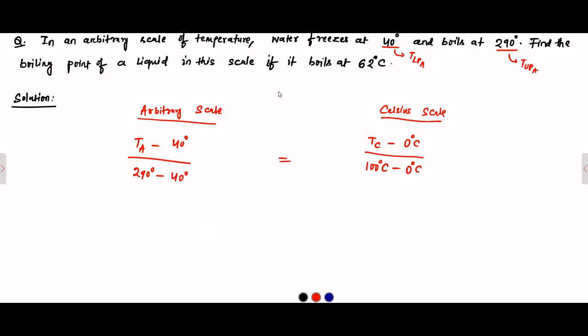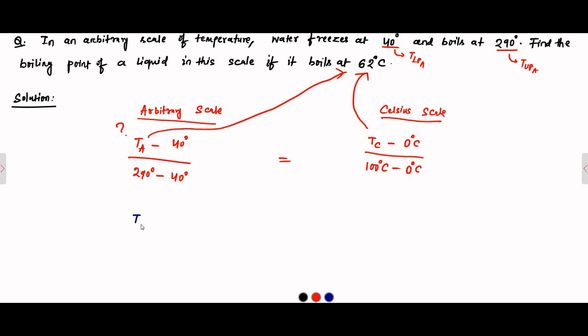Now we have to find the boiling point of a liquid which boils at 62 degrees Celsius. In the Celsius scale, the boiling point is 62 degrees. So here T_C is equal to 62 degree, and we have to find its equivalent temperature in the arbitrary scale. So we'll simply substitute the values. T_A is unknown.